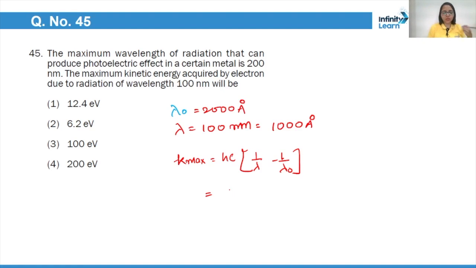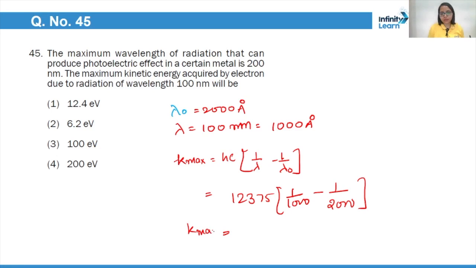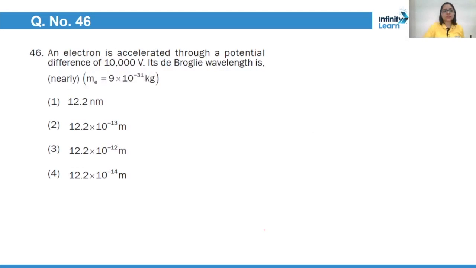If you put the value of wavelength in angstrom, the combined value of hc in electron volt angstrom will be 12375 into 1 upon 1000 minus 1 upon 2000, and after solving this thing you'll get the maximum kinetic energy in electron volt as 6.2 electron volt. I hope this is clear, right? So correct answer is option 2. Next is question number 46.